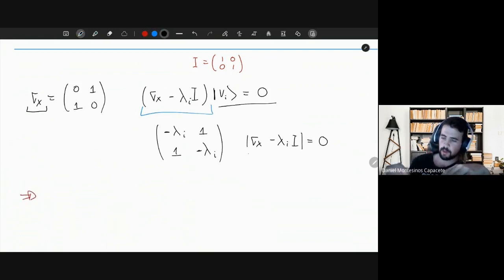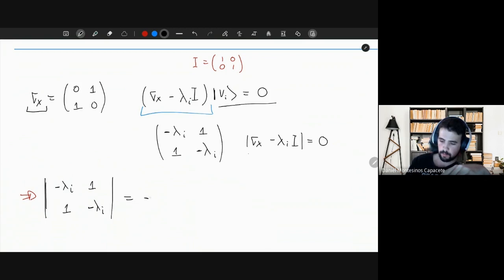I hope you are familiar with this. If you calculate the determinant of this matrix here, the determinant is denoted by these bars, right?